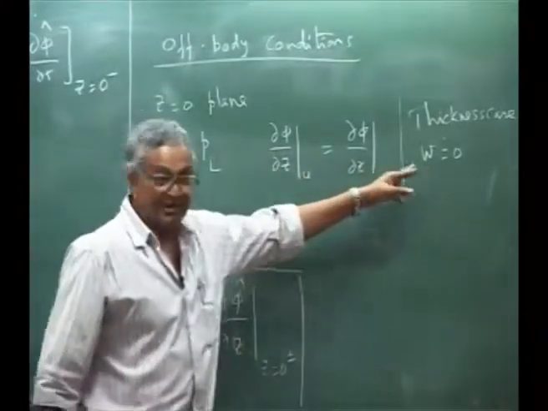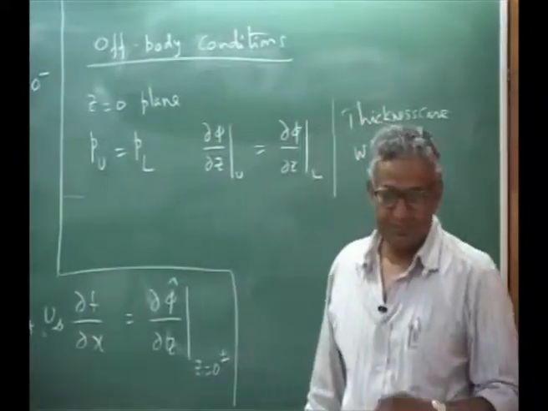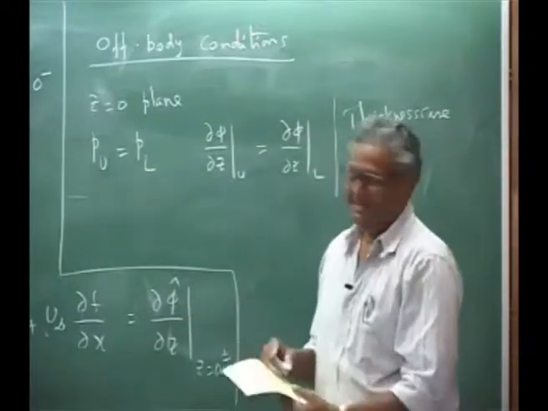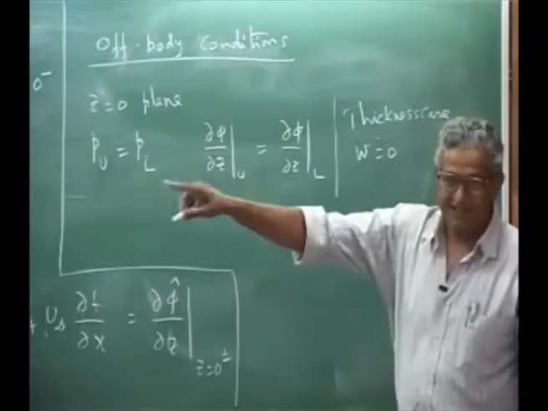That means I want W0. That means there should be no vertical velocity in the backside.